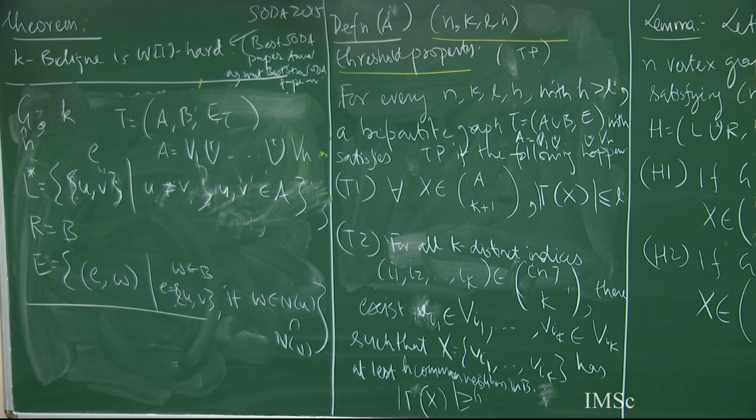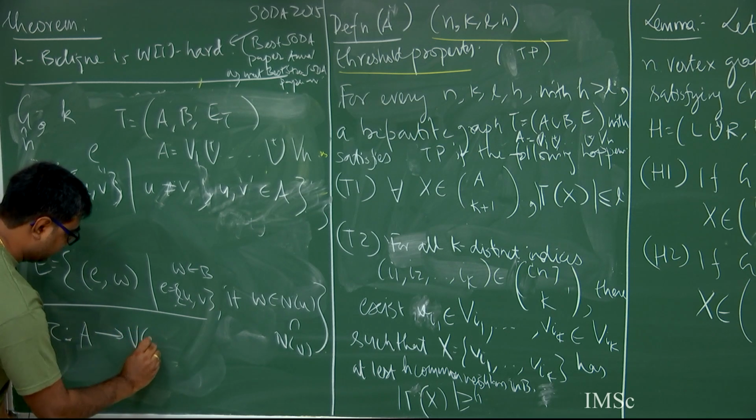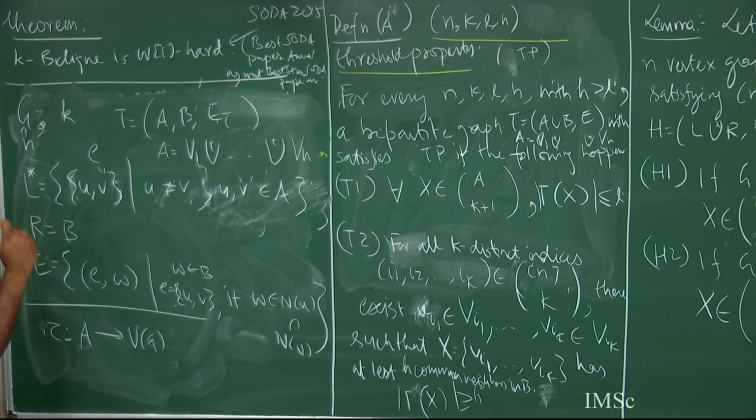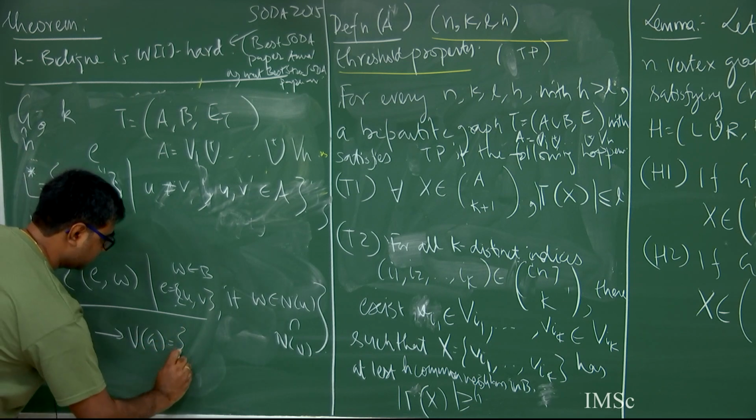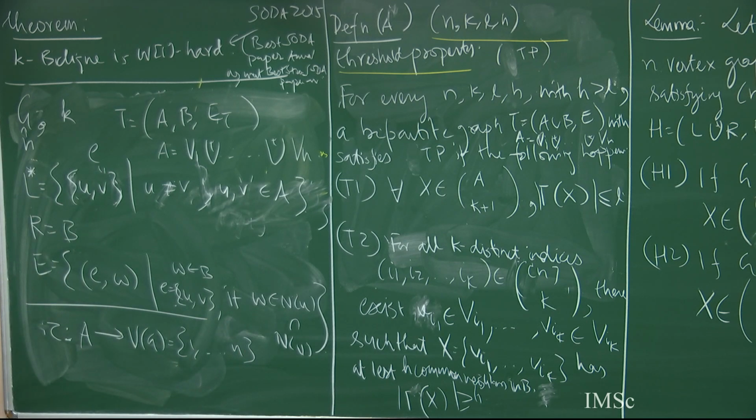What is a natural way of viewing my graph? You define a function tau from A to V of G, and assume that V of G is nothing but 1 to n. What is the property you want?